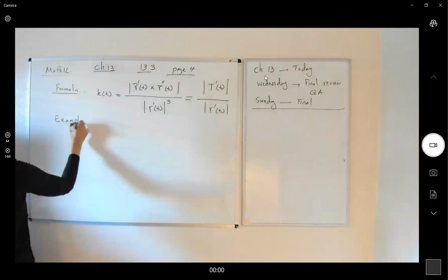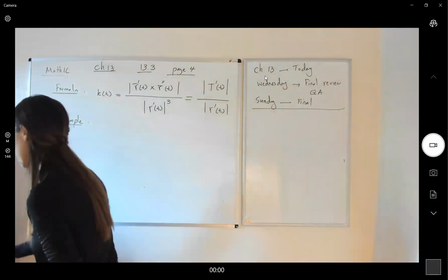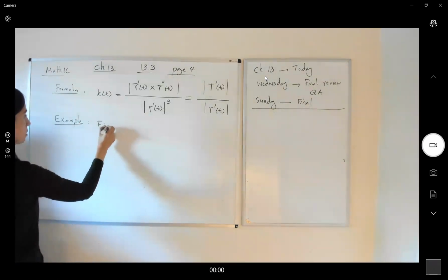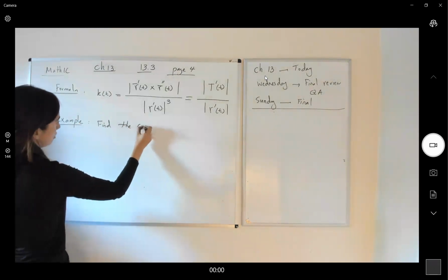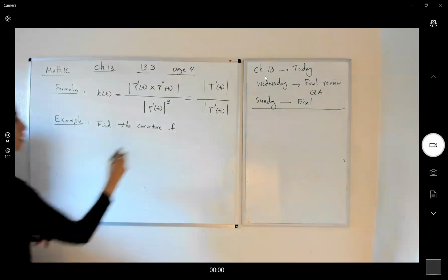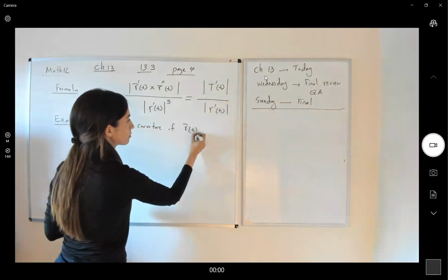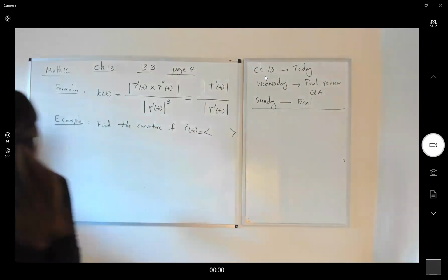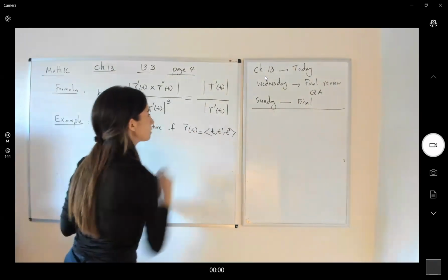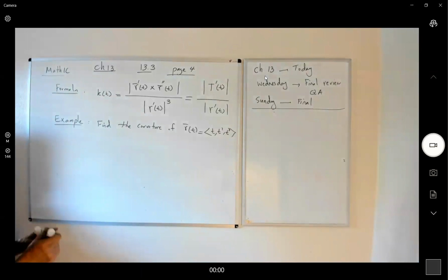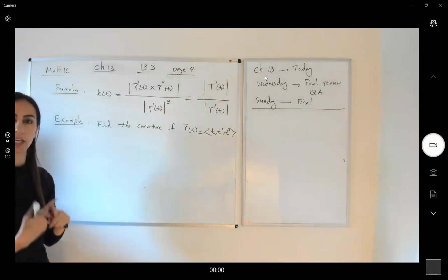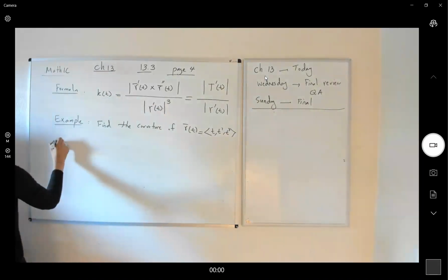Question says, find the curvature of this function. R of t is given as t, t squared and t cubed. So what do we need? We need the first and second derivative, and then find the cross product.